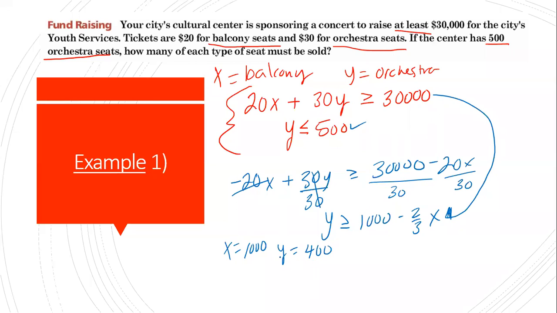And so as long as they satisfy, then that's my answer. So I could write 1,000 balcony seats and 400 orchestra seats as a possible amount that could be sold.